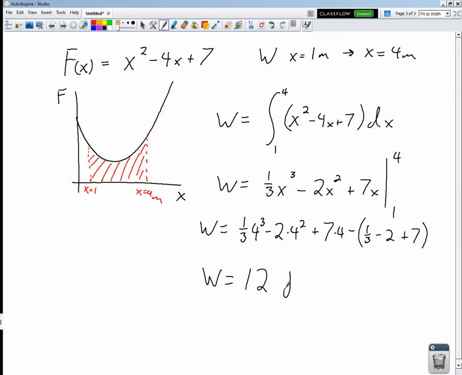And the unit for work always is joules. So we interpret the area under this curve as 12 joules worth of work. It is positive 12 joules worth of work, so this object would be increasing in kinetic energy, also increasing in speed.